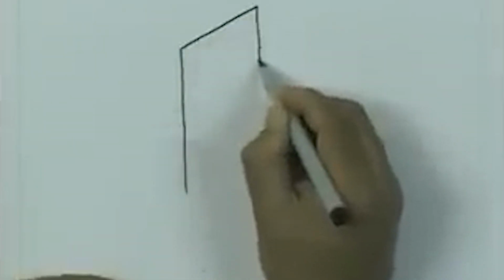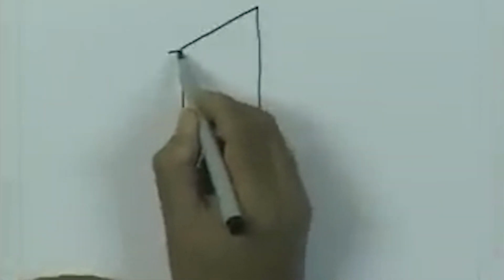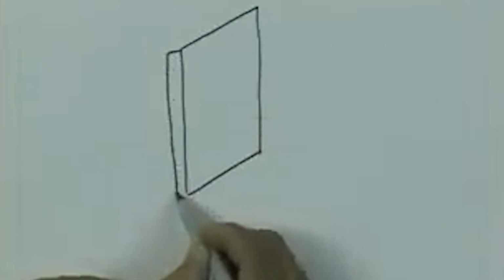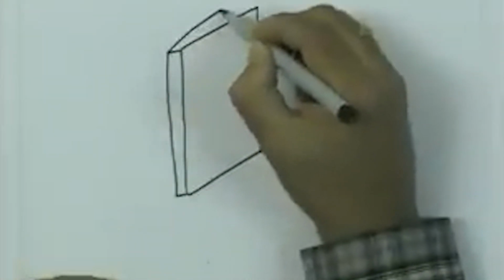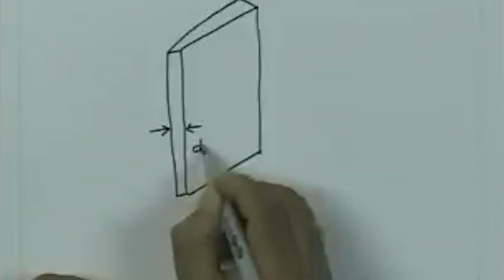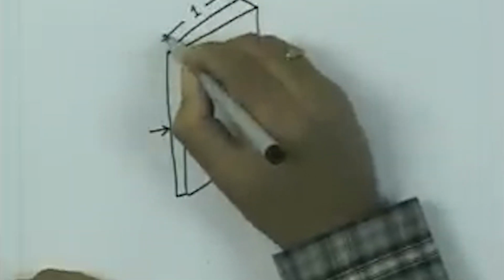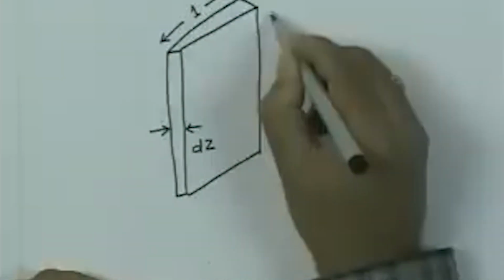So the idea here is to find out, if I take a unit area on the conductor surface, with a depth dz, and this is the unit area, so this is unity and this is unity.